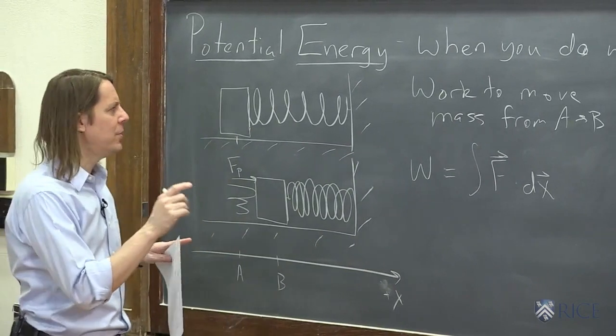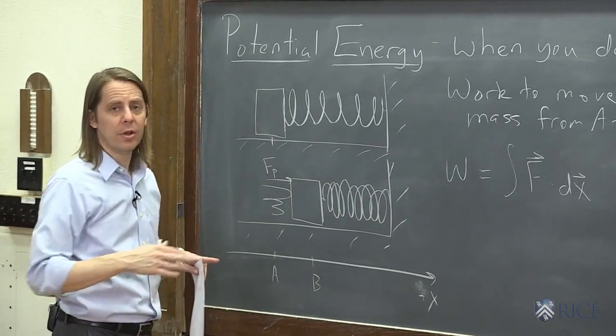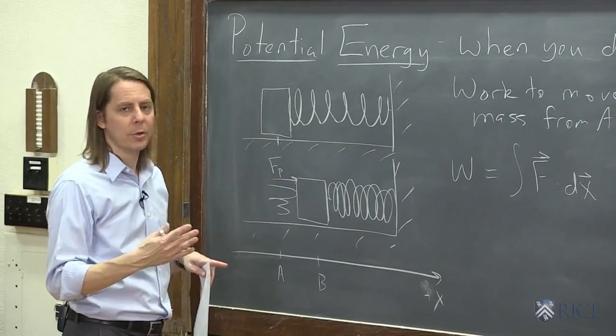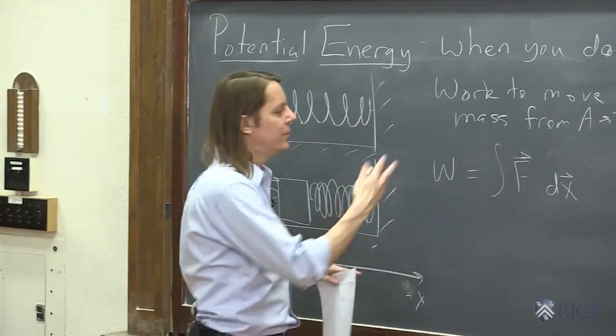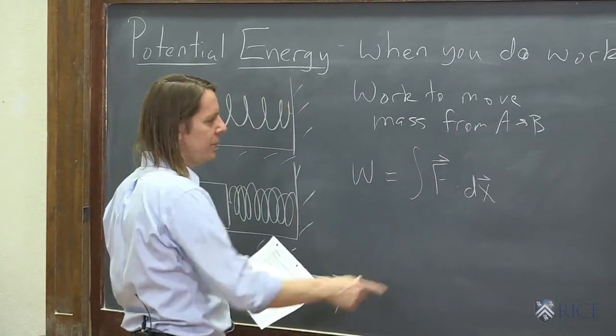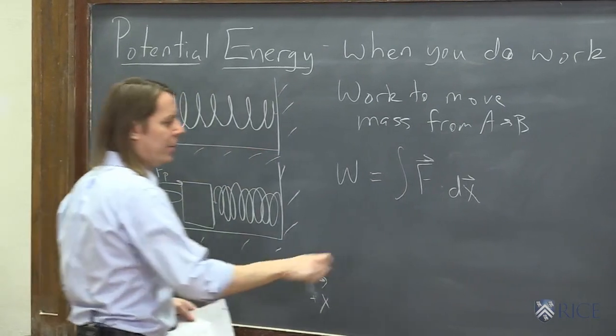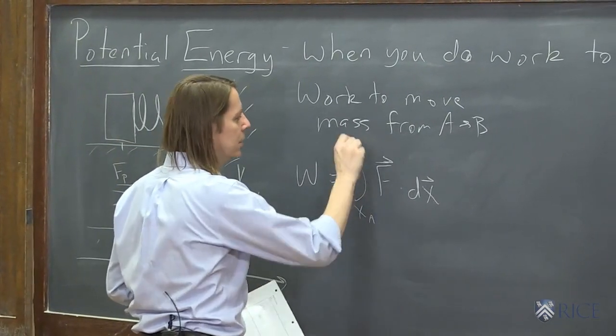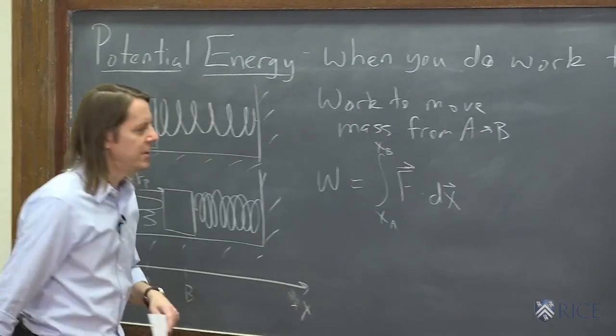But if the force varies with position, as it does with Hooke's law for a spring, you have to do an integral. So this is a case, of course, where the force varies. And we're going to integrate from what I'll call XA to XB.